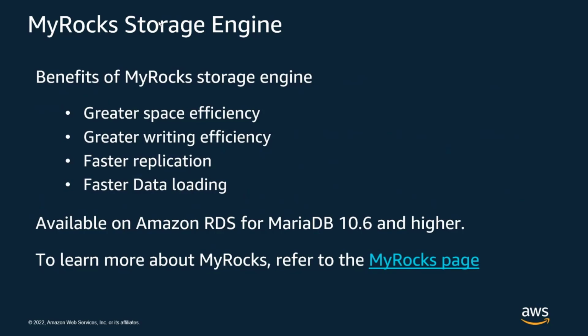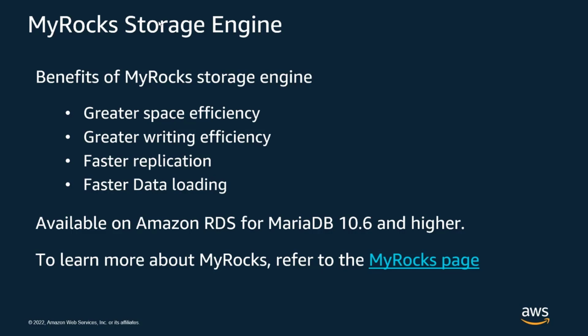The four benefits that we observe while using MyRocks are greater space efficiency, which means you use less storage because of the better compression that MyRocks offers over InnoDB. You can also get greater writing efficiency, which means you use less I/O for write-intensive workloads.